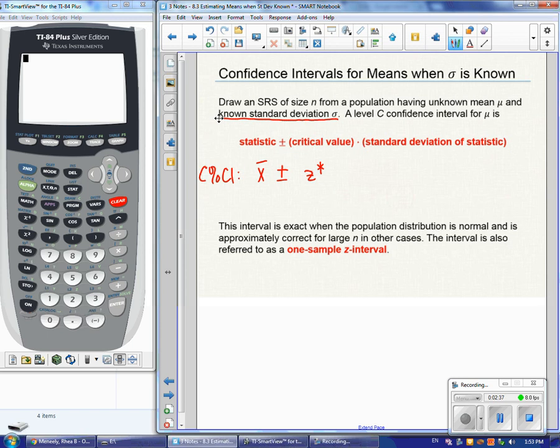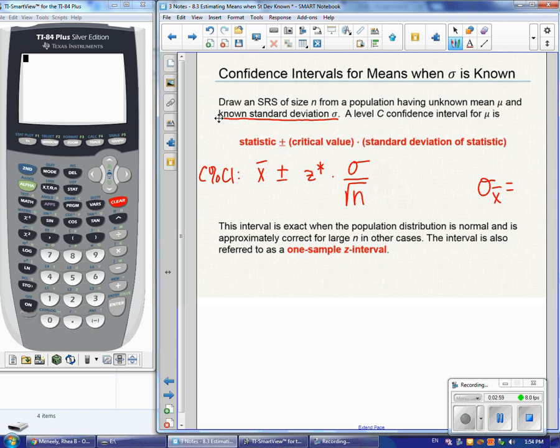And then the standard deviation of the statistic, we'll think back to what we did with sampling distributions. How did we find the standard deviation of x bar? If you remember, it was simply sigma over the square root of n. And so that's our formula for computing a confidence interval to estimate a population mean.